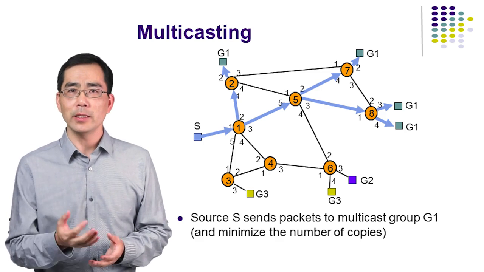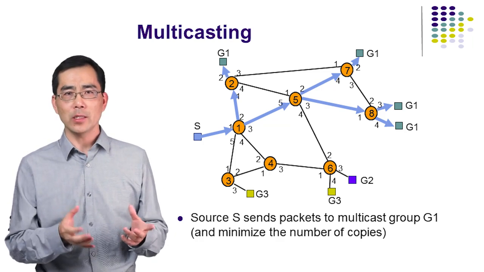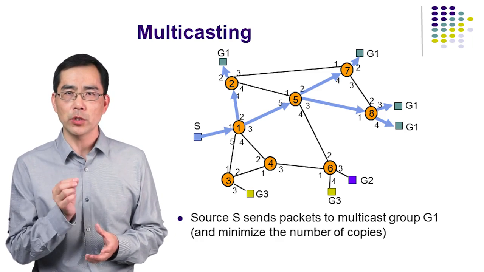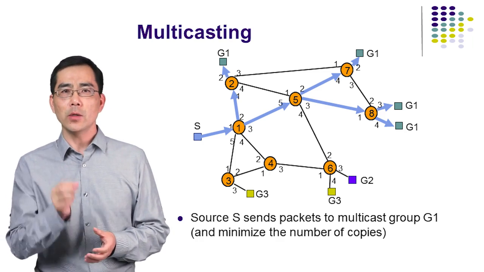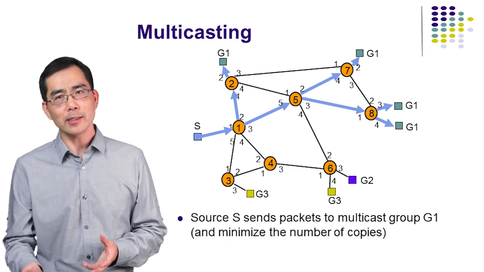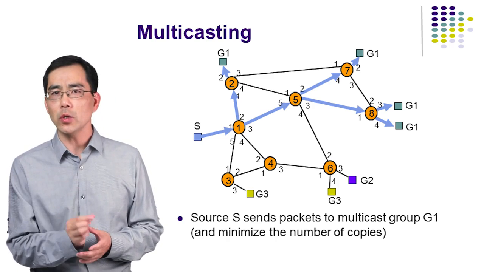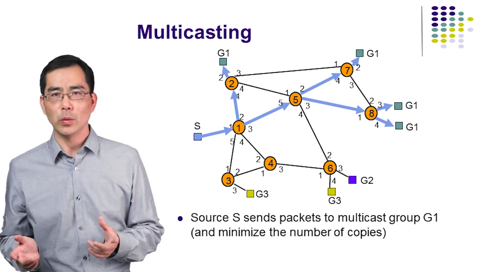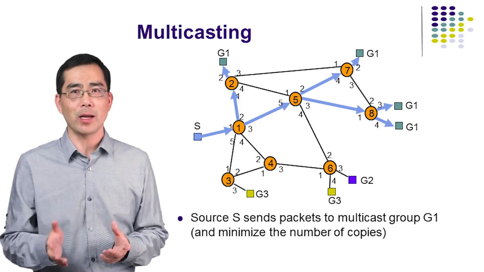As illustrated in the figure, source S wants to transmit to destinations with multicast group G1. Though it can send each copy of the packet separately to each destination using conventional unicast routing, a more efficient method would be to minimize the number of copies.